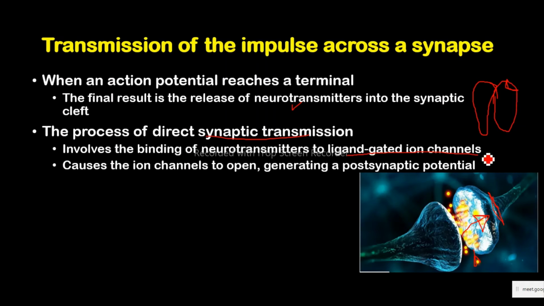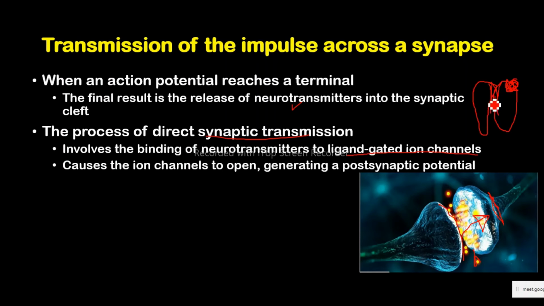So when this neurotransmitter substance is released, it will bind to that receptor in the postsynaptic membrane here, and the binding opens these ligand gated channels. You open the sodium gated channels, and potassium gated channels, but sodium gated channels first.